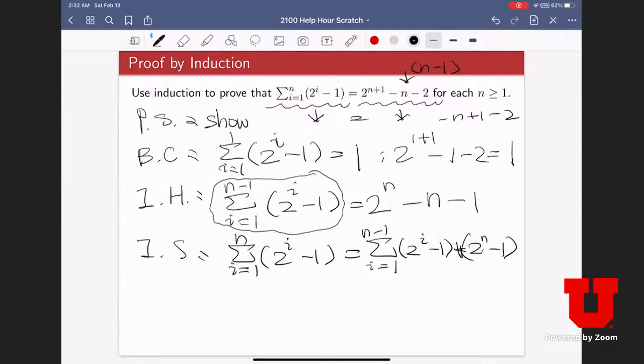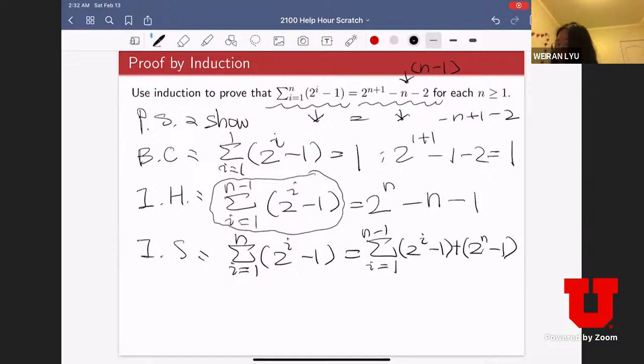Where did you get the 2 to the n minus 1? So the 2 to the n minus 1 is just the last term of the summation right here on the left-hand side. For the summation that starts from i equals 1 all the way up to n, you just substitute when i is equal to n.